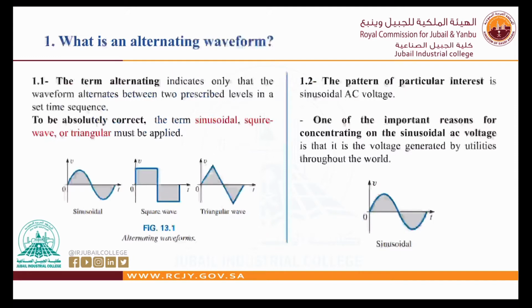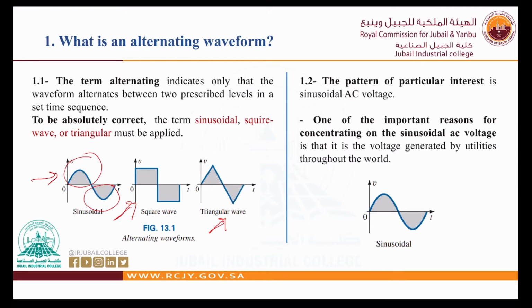This is a sine wave. This is a square wave. This is a triangle wave. All are waves. So when I say alternating, it alternates between two levels, which is this level and this level. So we have a positive level and a negative level.